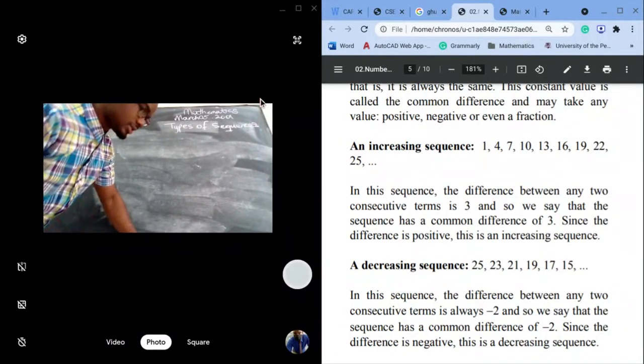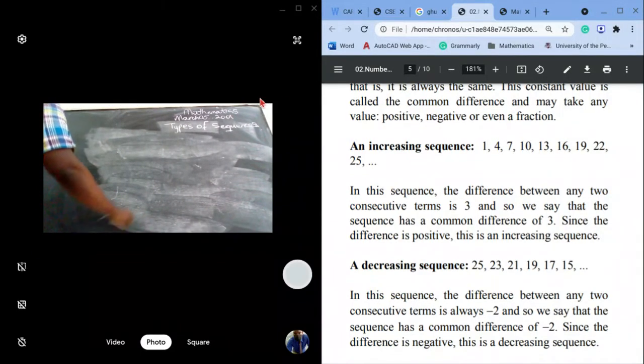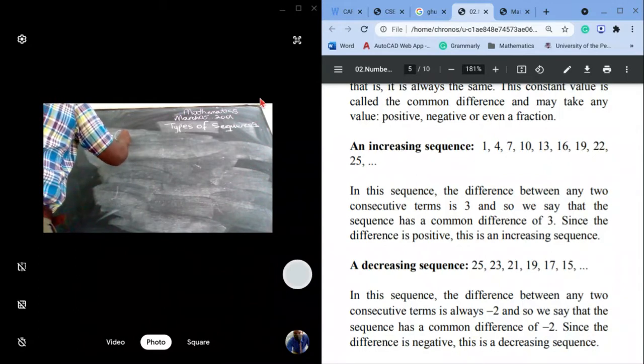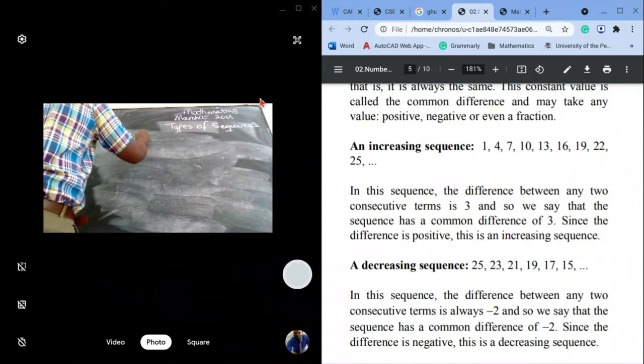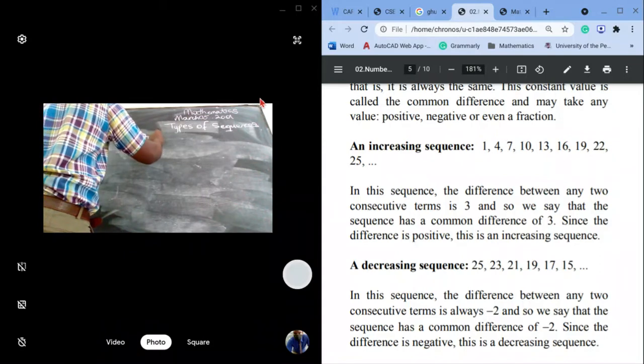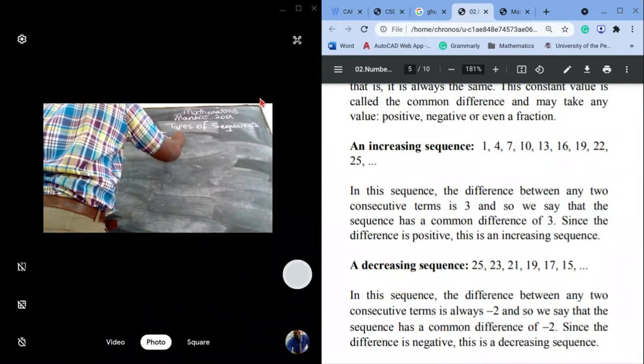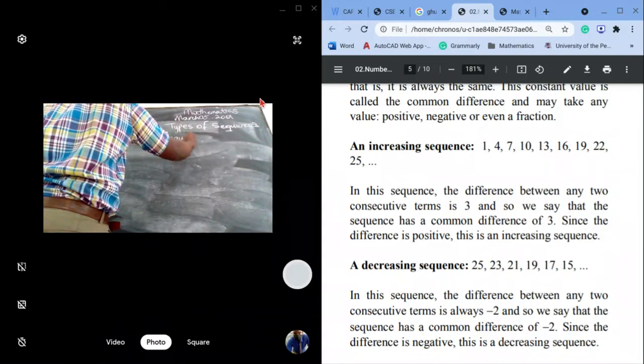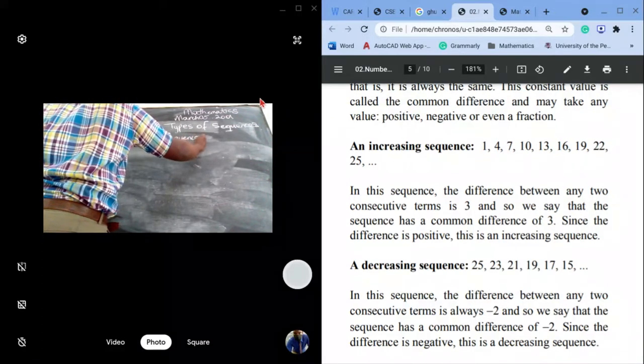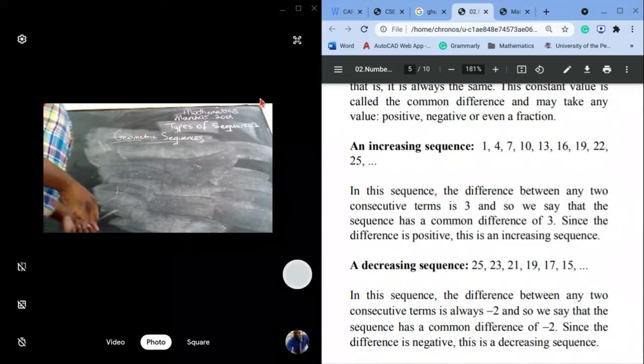Okay, now we're going to continue to the final type of sequence, which is geometric sequences. All right.